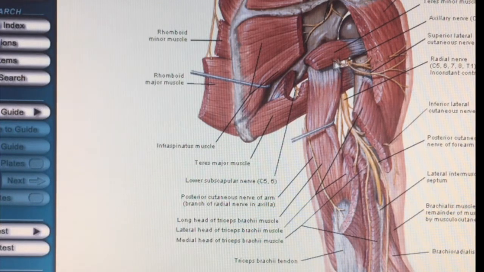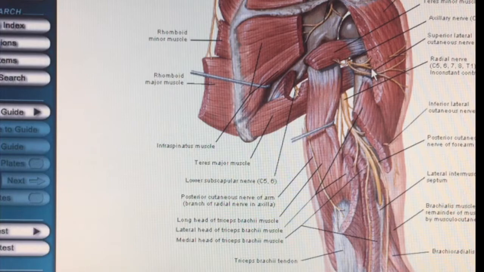Here are branches that it gives into teres minor, and here are branches that are coming into the deltoid muscle. One branch that you can see here being directed superficially, subcutaneously, is the superior lateral cutaneous nerve of the arm that will be related to what we already indicated, the military patch sign.